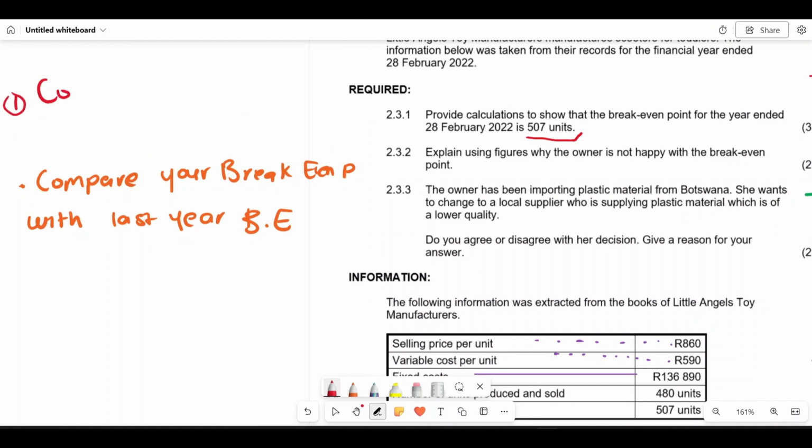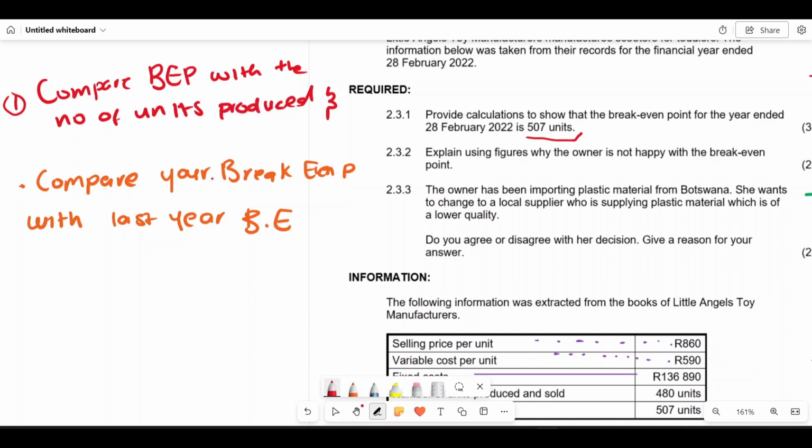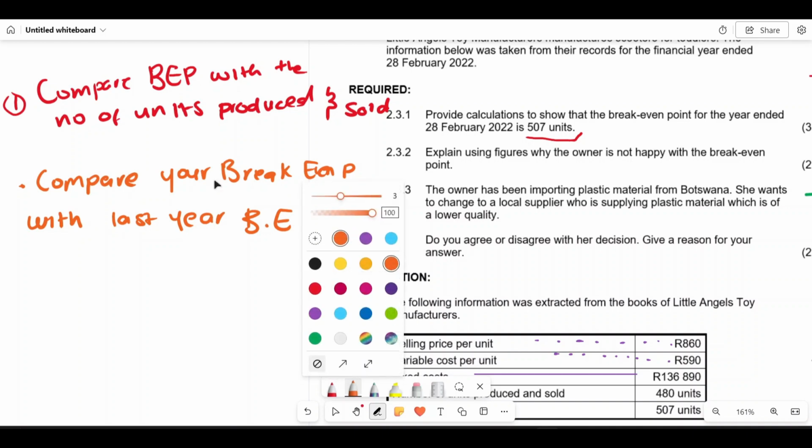So compare your break-even point with the number of units produced, the number of units produced and sold, basically. So every time they ask you to comment on your break-even, these are the points they expect you to give, right?